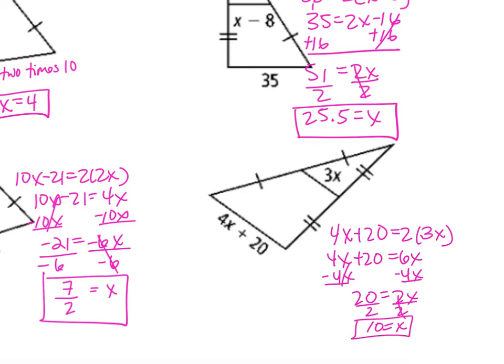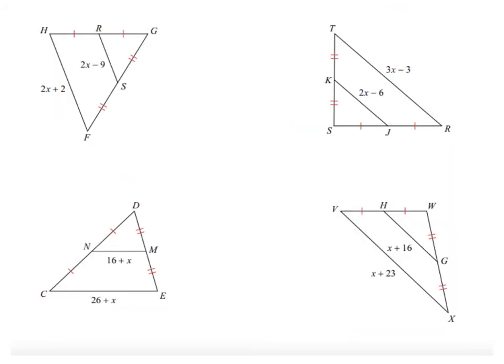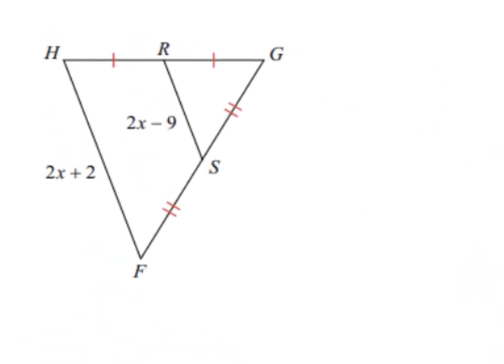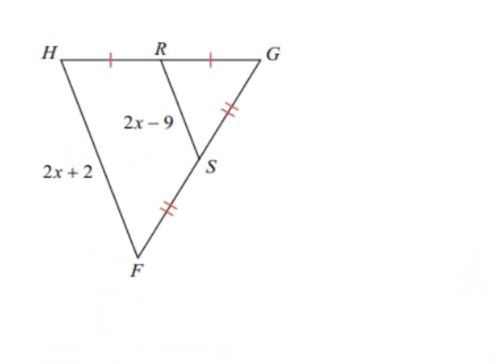equals x. So let's look at these last examples, and they're a little bit more complicated, but they still use that same concept, that understanding that the side of the triangle is 2 times the midsegment. So we just write those expressions the same way. 2x plus 2 equals 2 times 2x minus 9.